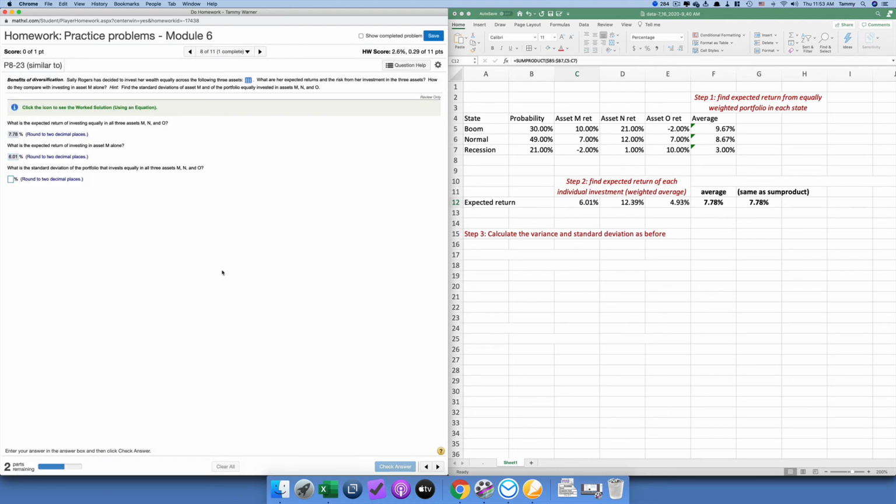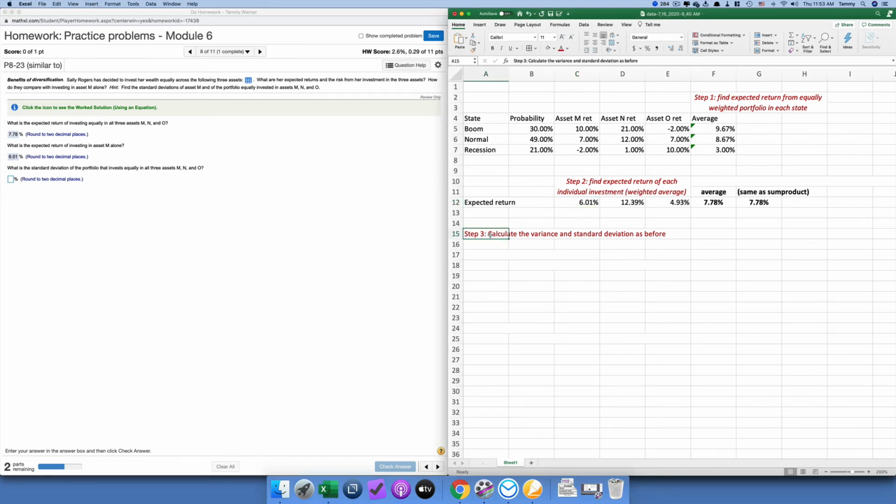Now, the next thing we need to do is calculate the variance and the standard deviation of the portfolio that invests in all three assets.